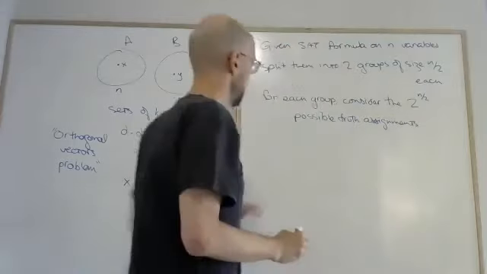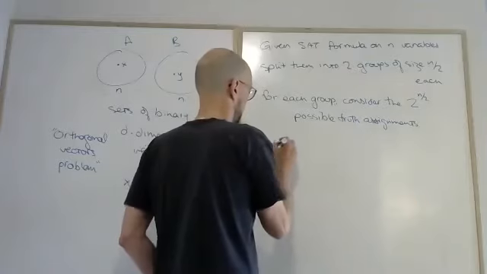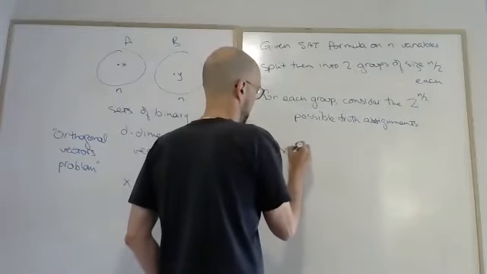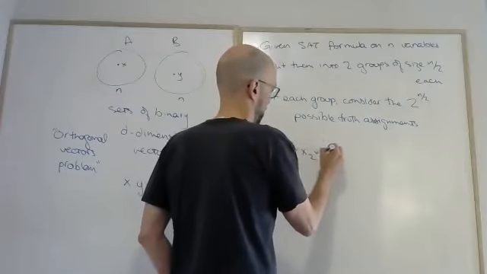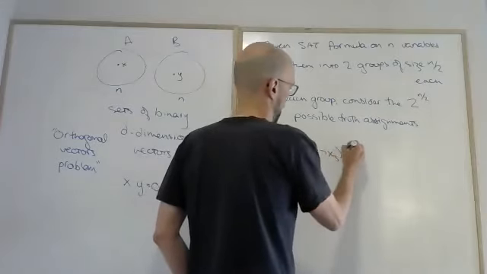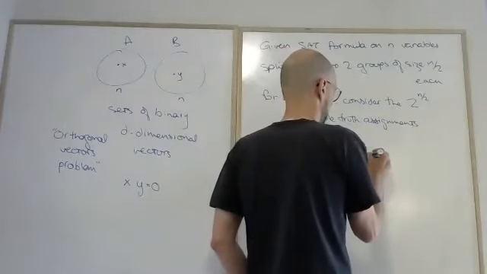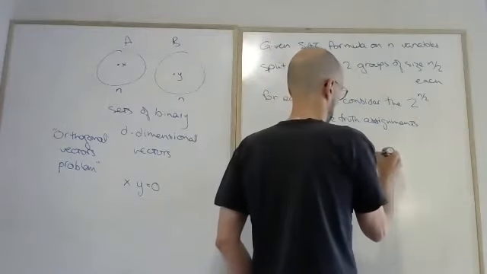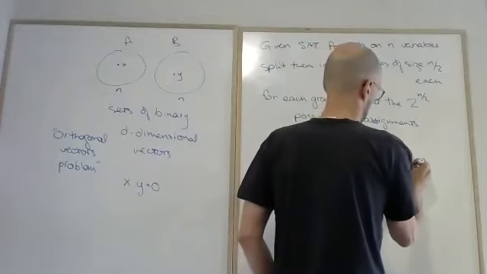Right, so if this is some binary, this is like x1 or x2 or not x3, and not x2 or x3 or not x4, and x1 or not x3 or x4.